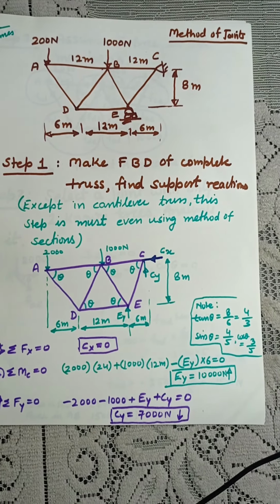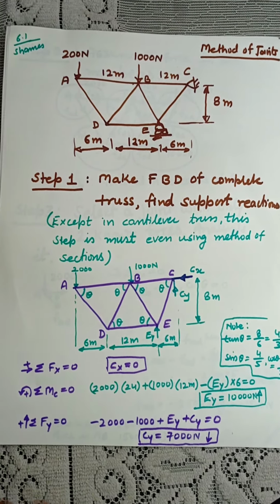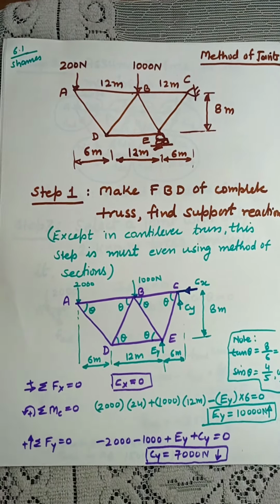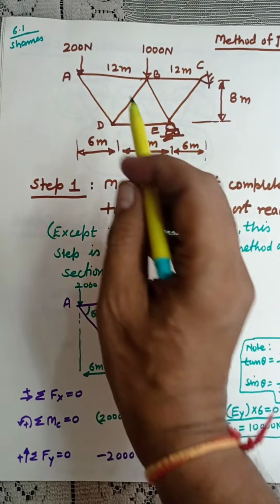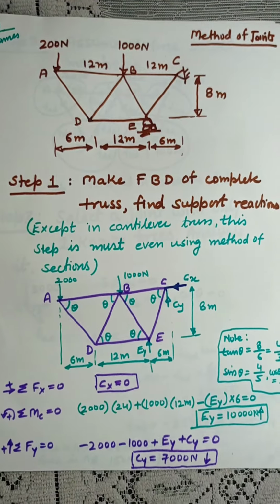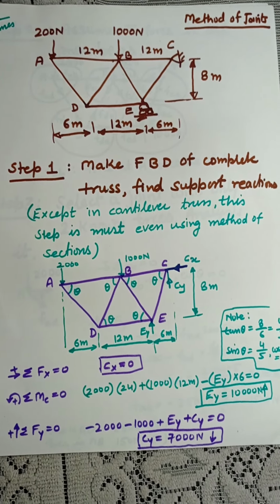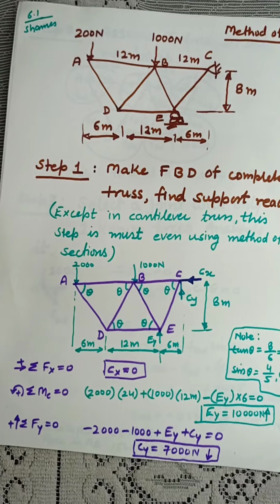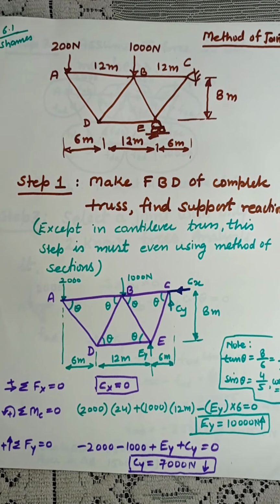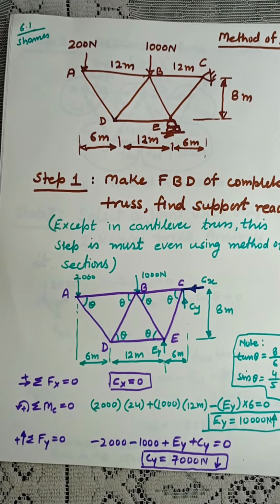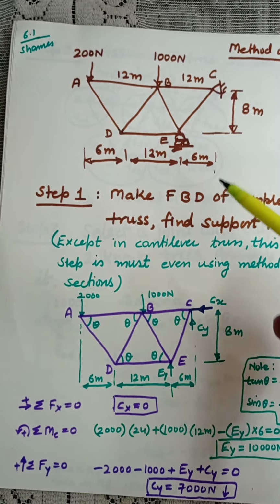This is a truss given to you, and in this truss this is a roller support. You see this is a kind of truss. It is all triangles, but it is not necessary that you will always get a triangle. Remember that you may get a rectangle or different kinds of shapes. The second thing is the angles.